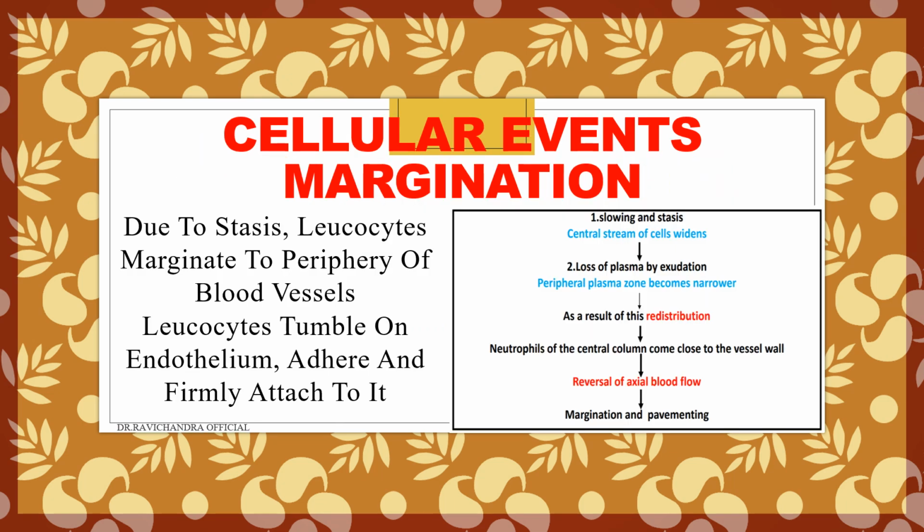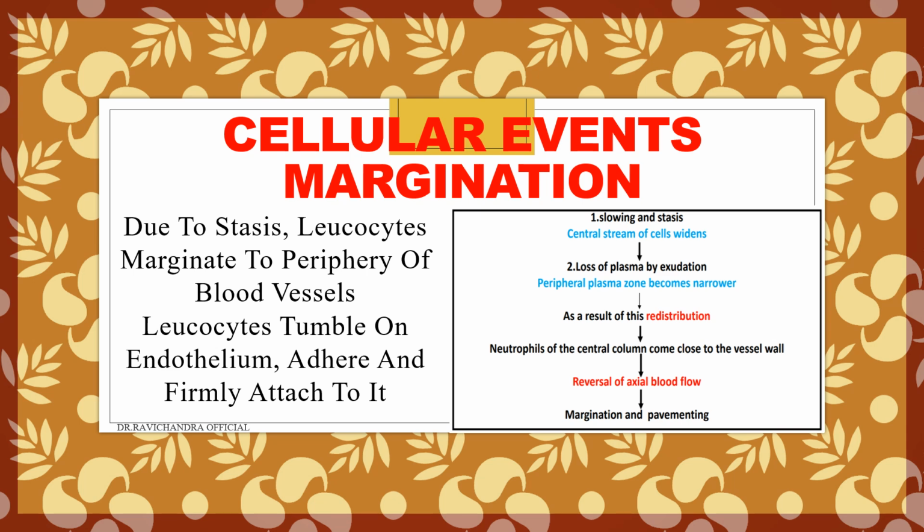So first, margination. Due to stasis, leukocytes will marginate to the periphery of the blood vessels. Leukocytes stumble on the endothelium, adhere, and firmly attach to them. This is called margination and pavementing.